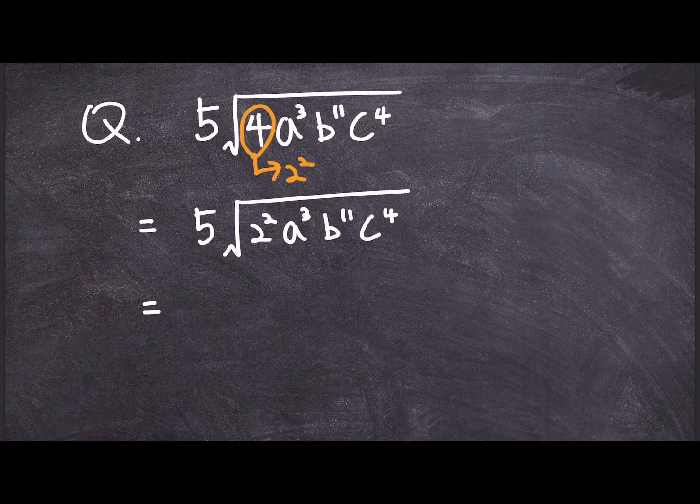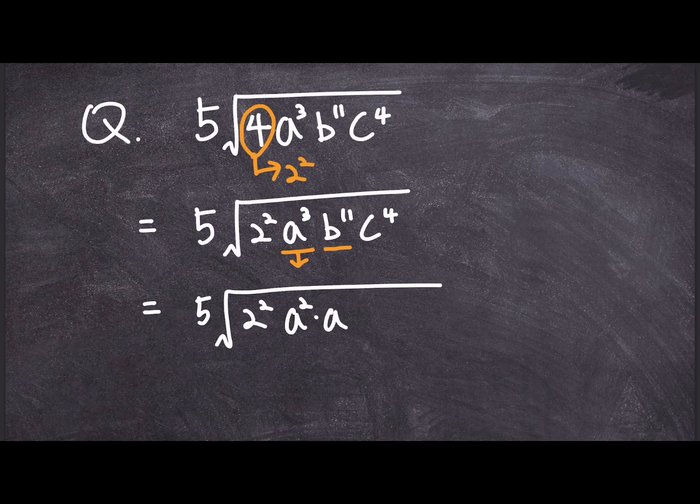And then the next thing I'm going to do is select all the odd numbered exponents and rewrite them like the following. So 5 square root of 2 squared, I am going to write a cubed as a squared times a, and b to the 11 as b to the 10 times b.